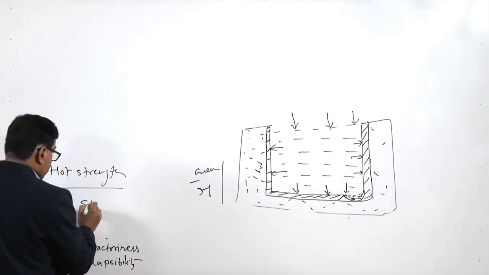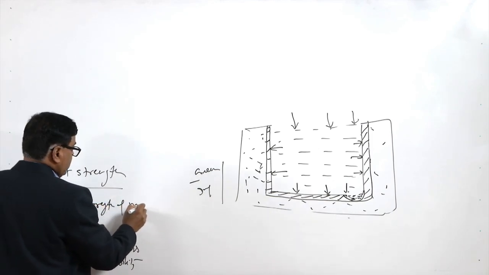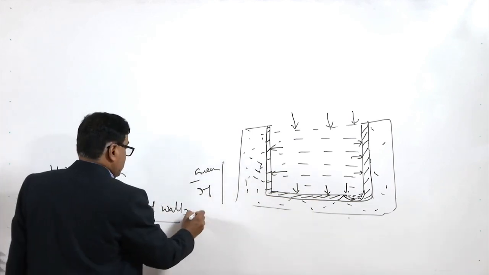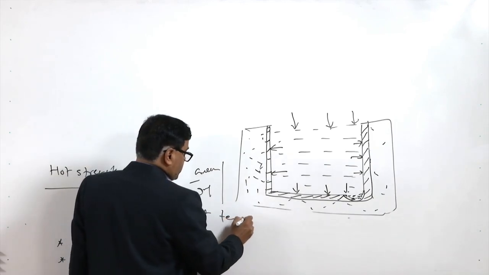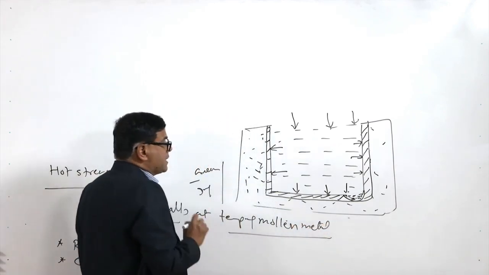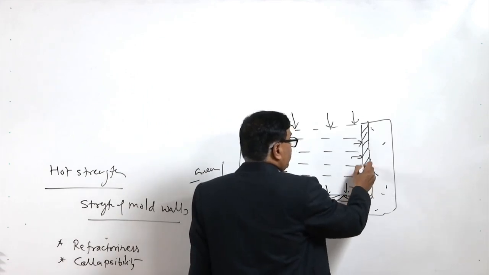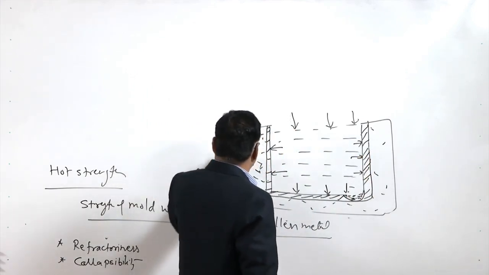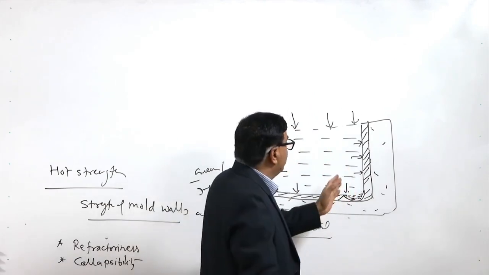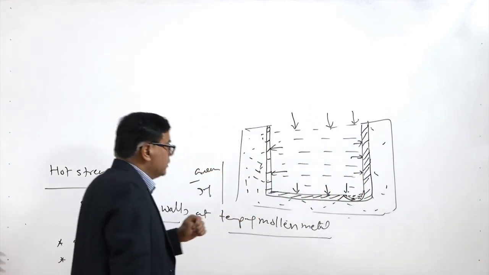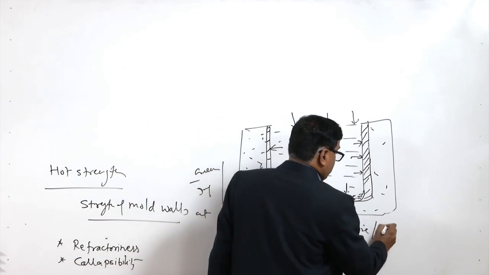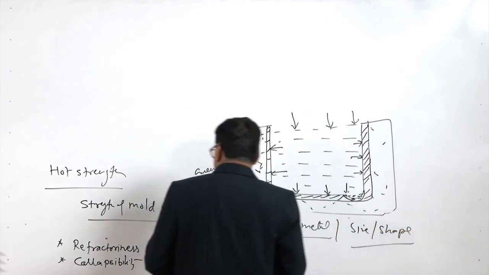So, the strength of the mold walls at the temperature of molten metal is important for carrying the weight of the molten metal, because whether it is the green strength or the dry strength, when the molten metal is poured there will be a rise in temperature of the mold wall, and at that state the strength of the mold is important for retention of the size and shape of the mold.